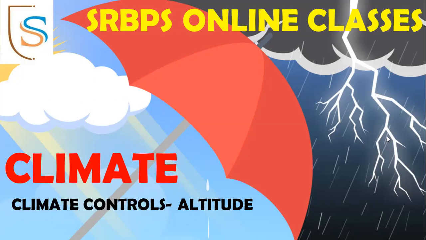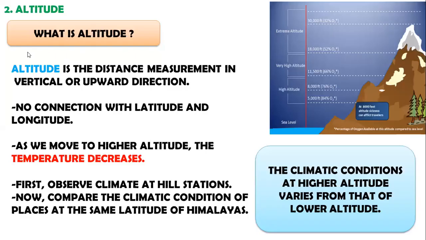So, a basic question that arises is, what is altitude? Now, altitude is the distance measurement in vertical or upward direction. The height of a place above the sea level, or the vertical height of a place above the sea level, is called the altitude of that place.